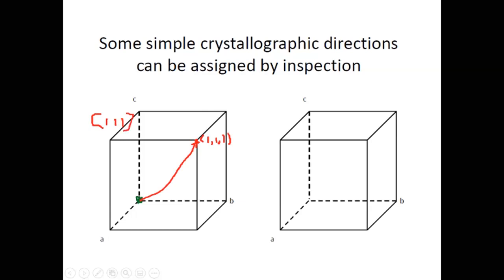Now, another example, and again, it's always good to start at the origin if you can, because that makes everything easier. So if we drew a vector like this, you know that this is A, this is B, so what we're doing is going in the negative B direction. Let's say this is a unit cell, another unit cell here.